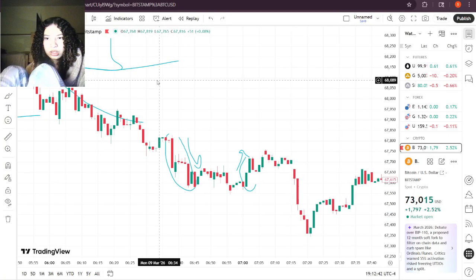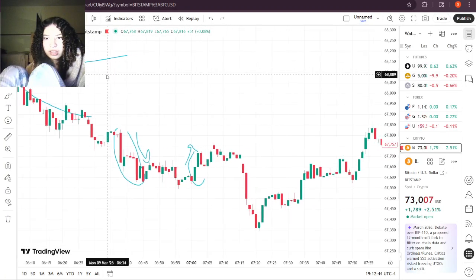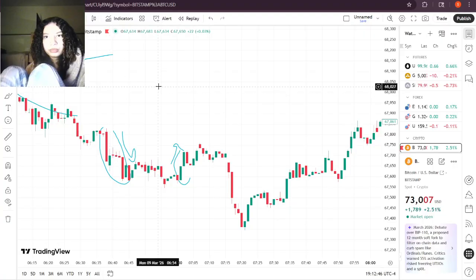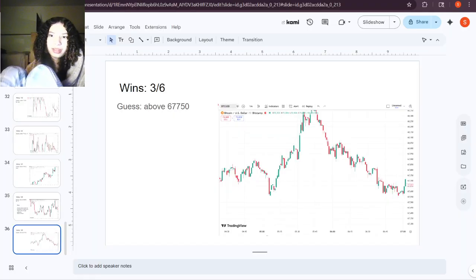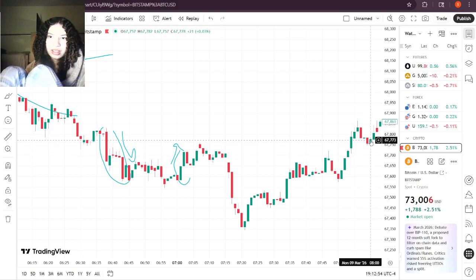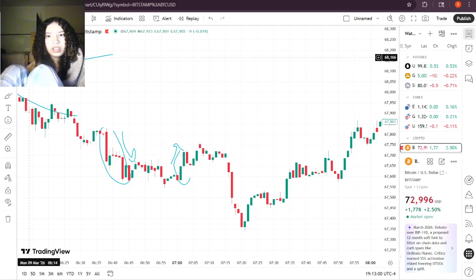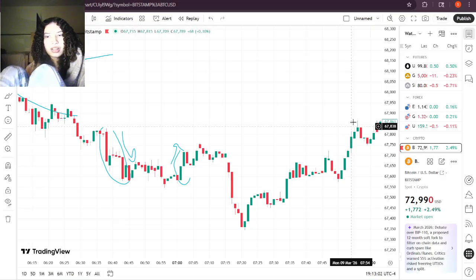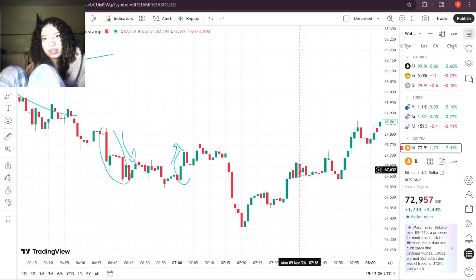Oh, a lot of movement. But we are above. See, at 8 o'clock exactly, we are above 750. As anxiety-inducing as these last bars were, we would win.